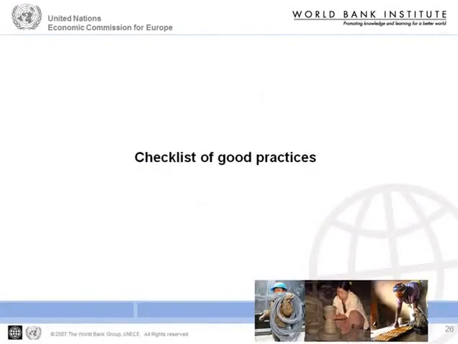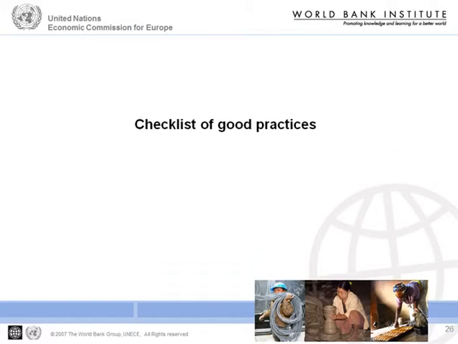We conclude this presentation by going again through the checklist of 4 key questions adopted by the 17th International Conference of Labour Statisticians in 2003 that represents an important path to good practice in mainstreaming gender into labour statistics.